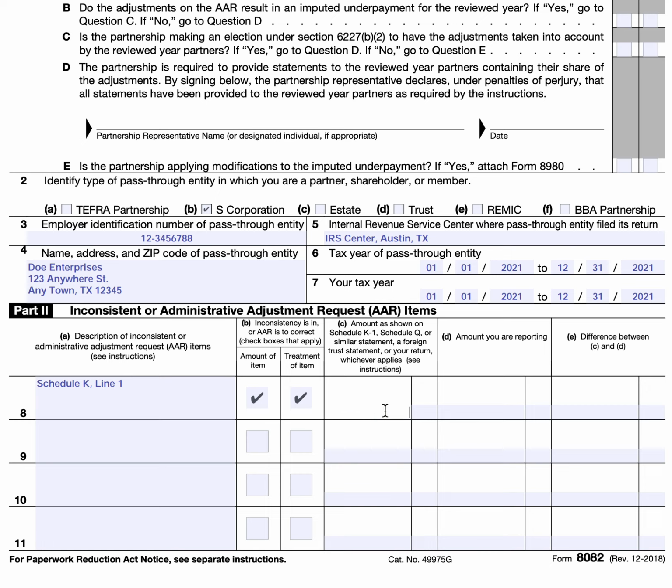So we'll say that the original amount from my Schedule K was $10,000. I think it should be $5,000. And then the difference would be $5,000. Okay.